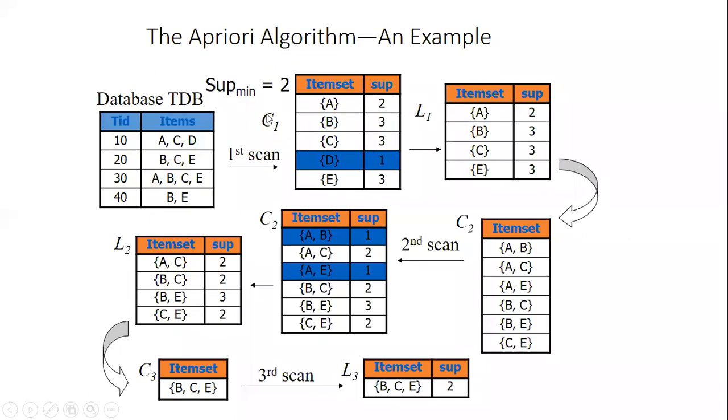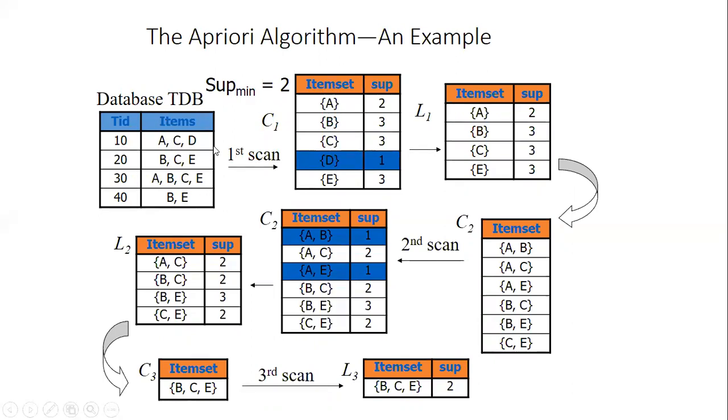First we call this candidate C1. How many different items are here? A, B, C, D, E. So all the one item sets, C1, we take, and we scan the database to find the support of each item set.